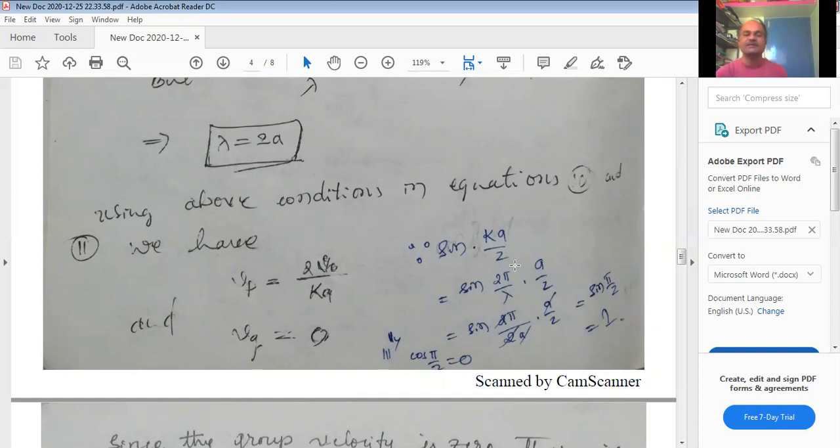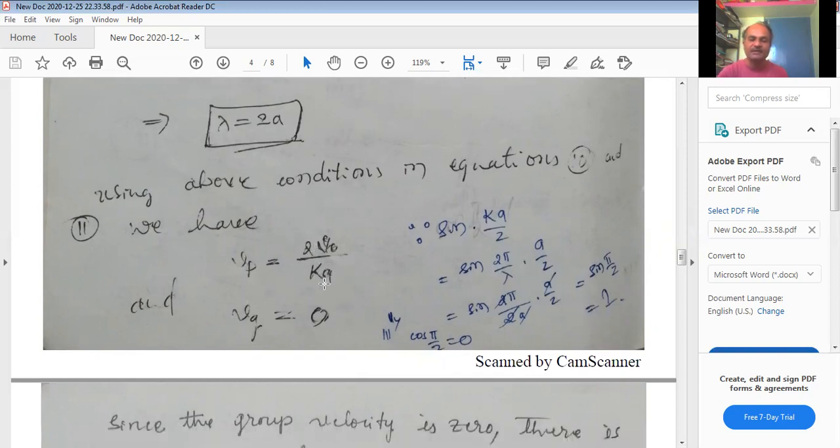Put the value of lambda is equal to 2a and go on simplifying, that becomes equal to 1. So therefore, phase velocity becomes equal to 2 V naught by Ka.